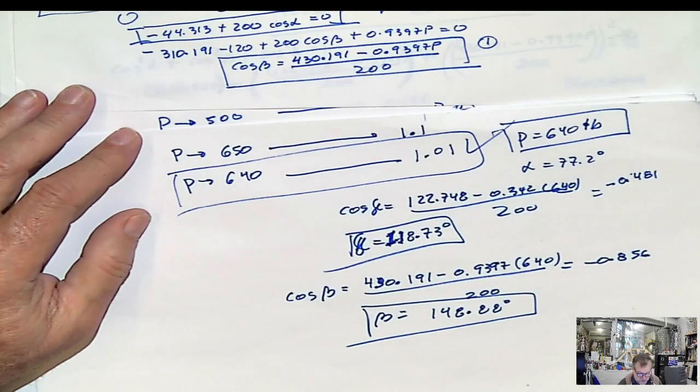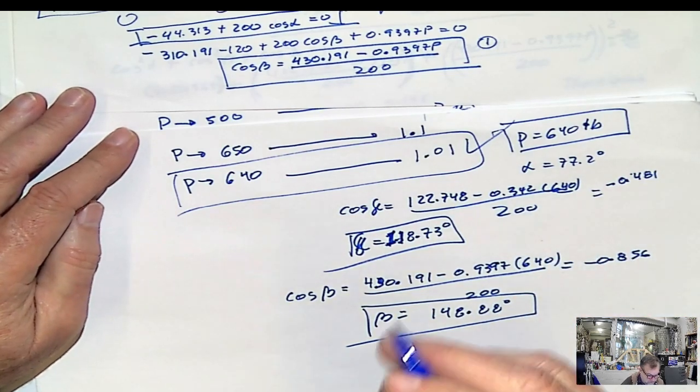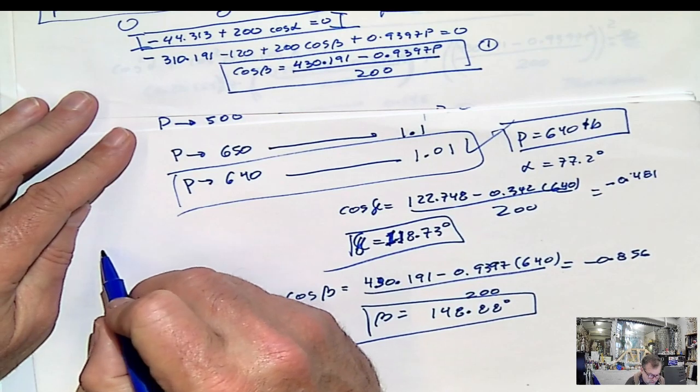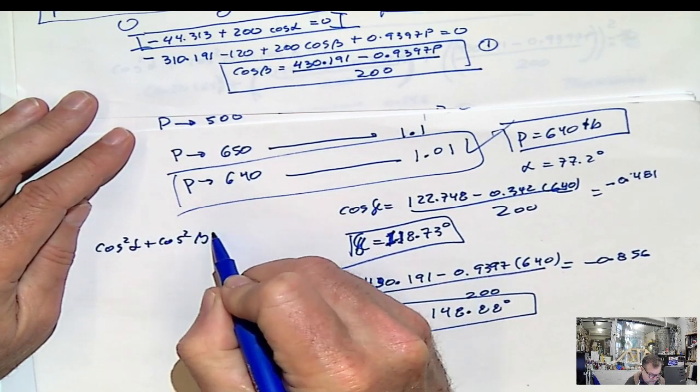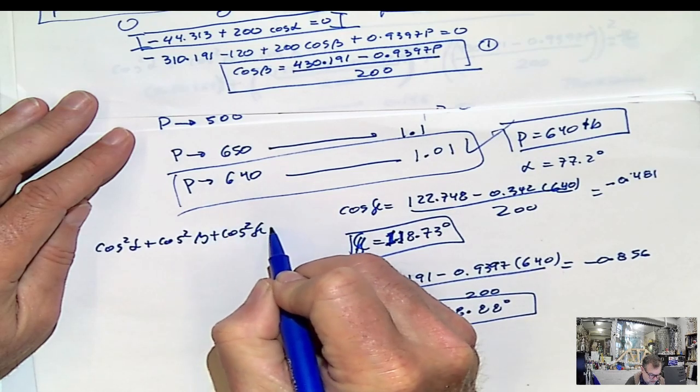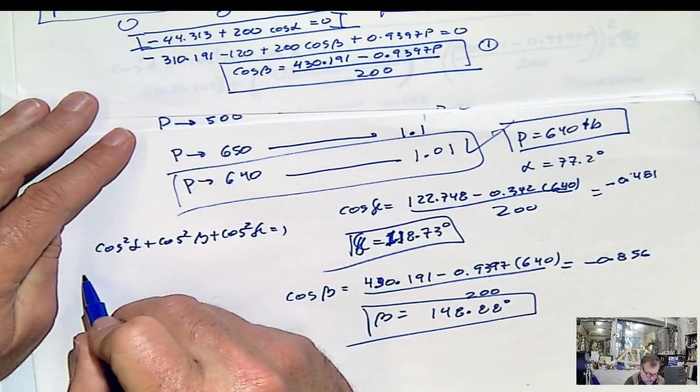Now, if you just want to be sure at the end that your alpha, beta, and gamma are correct, which for that force they should be, but you never know, you can always go back to cosine squared alpha plus cosine squared beta plus cosine squared gamma. It has to be equal to 1. So let's try that.